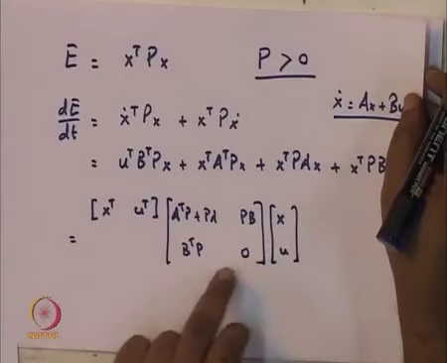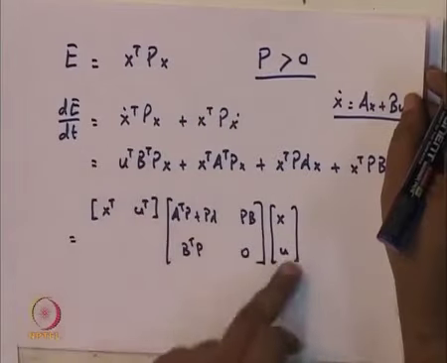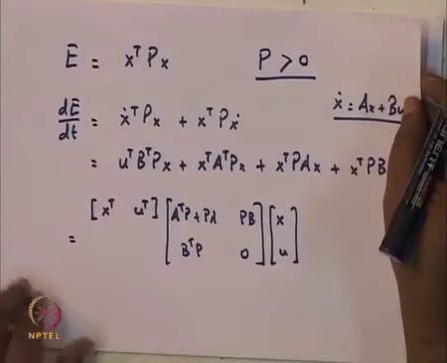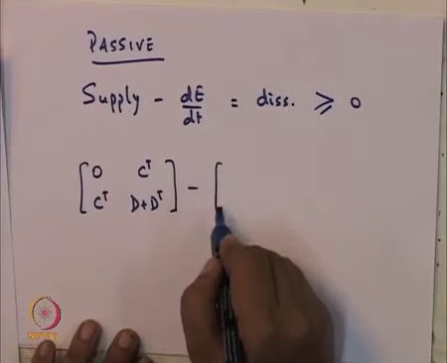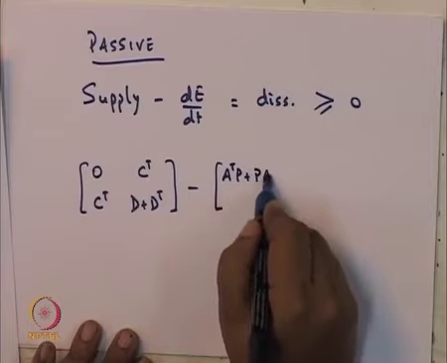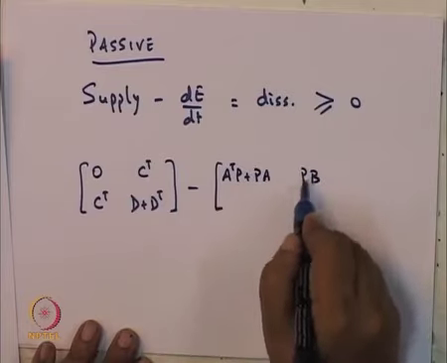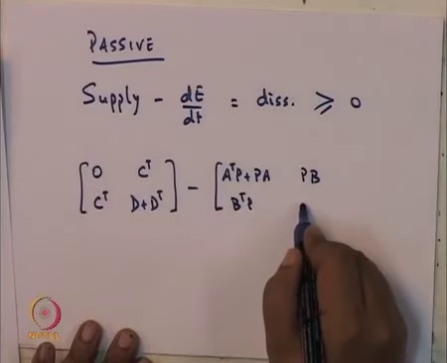So I can subtract this expression from the earlier expression. What I would get is minus A transpose P plus P A, here I will have P B, here I will have B transpose P, and here 0.